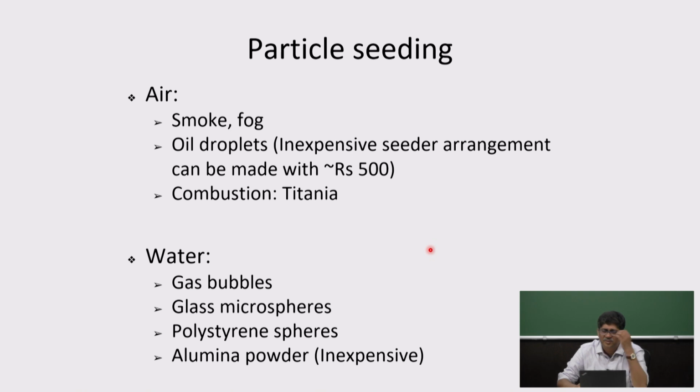If you are measuring velocities in a combustion flame, you can't use liquid drops because they will burn. You need very fine particles that withstand the high temperature, so titanium particles are usually used. In water you can have slightly heavier particles: gas bubbles, glass microspheres, or polystyrene.